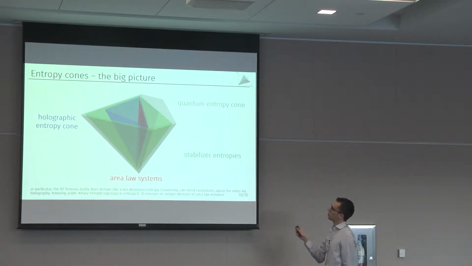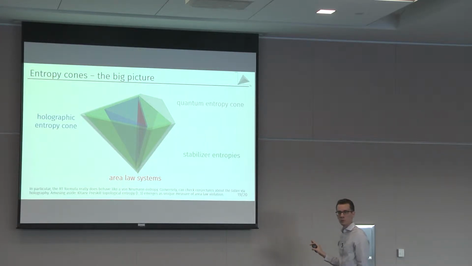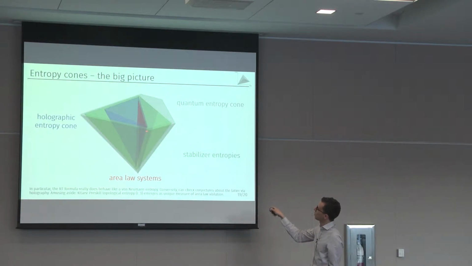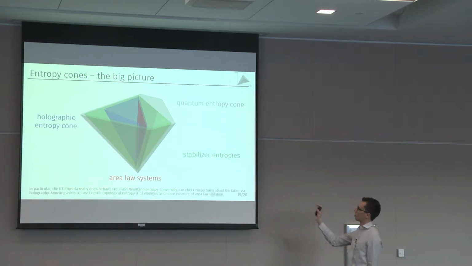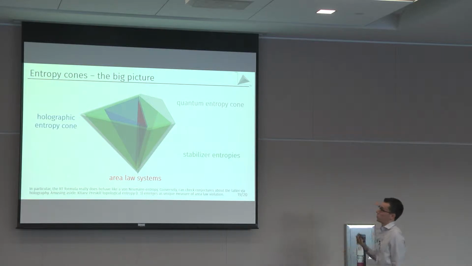Now, from what I just told you, inside there is this holographic entropy cone, and this result makes sure that this inclusion is true. And again, the faces of all of these cones correspond to the universal entropy inequalities that we care about.